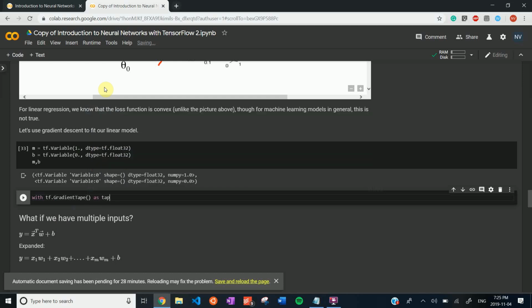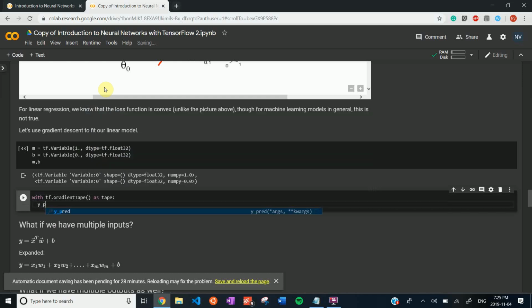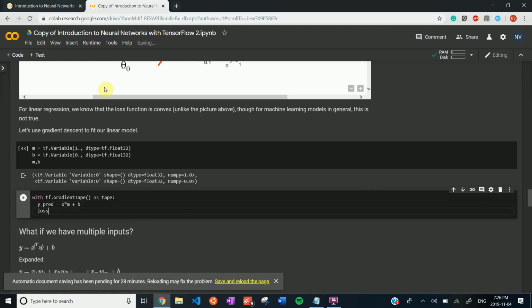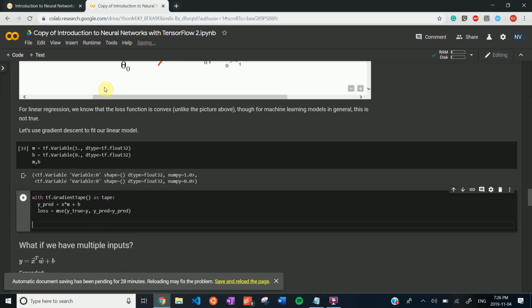I will type in the code and then I will speak. We have a prediction here, which is exactly what we were talking about before, x times m plus b. Then we talked about a loss function, which describes how poor our model is. That's exactly mean squared error, where y true is equal to our y, and our prediction is equal to our prediction.